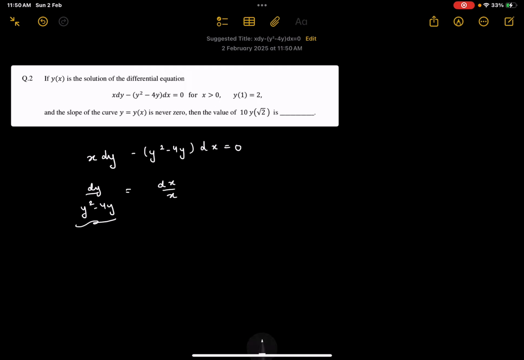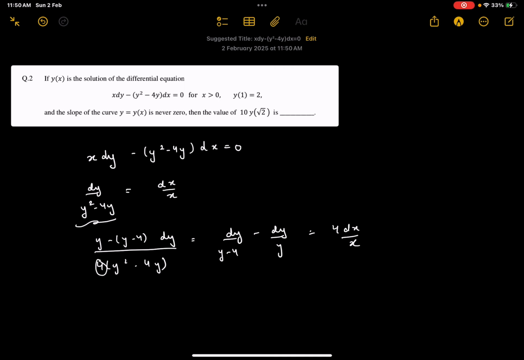So we'll rewrite the numerator as y minus 4. So this becomes dy upon y minus 4 minus dy by y equals 4.